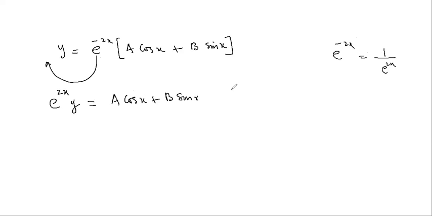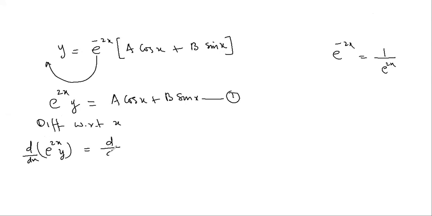I want you to do this problem yourself. This is your equation 1. Now differentiate with respect to x. d by dx of e raised to 2x into y is d by dx of a cos x plus b sin x.